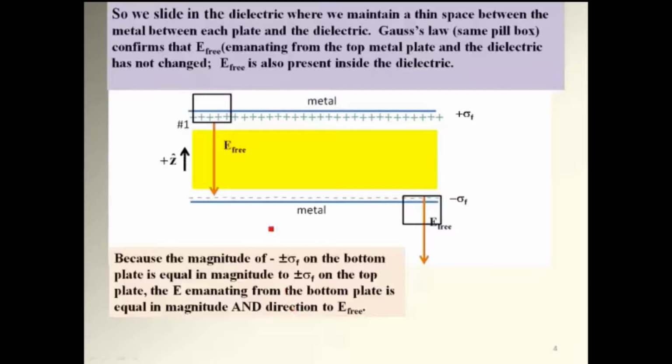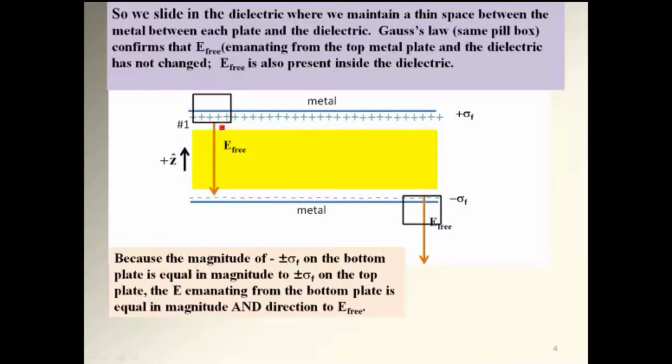So here we go. We slide in the dielectric. We're going to maintain a small spacing here between the plates because we'd like to talk about the field here versus the field here. So now we do the same thing. Gauss's law confirms up here, where we're in vacuum or in air, the E field and the E free is the same.